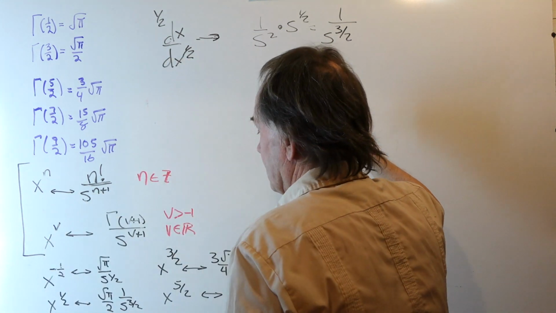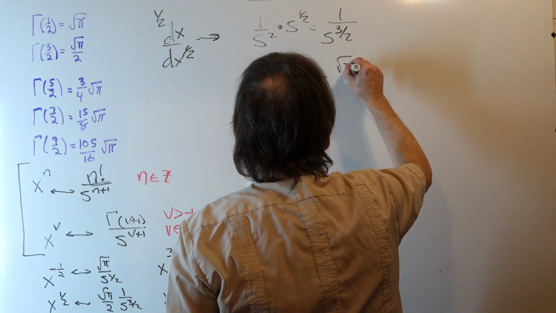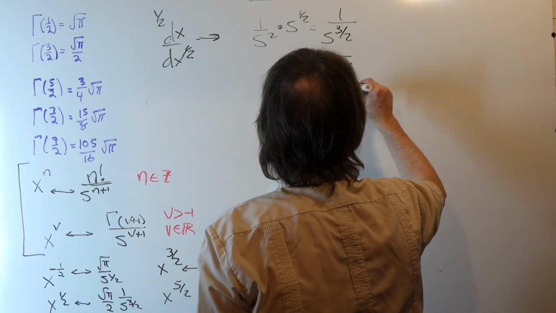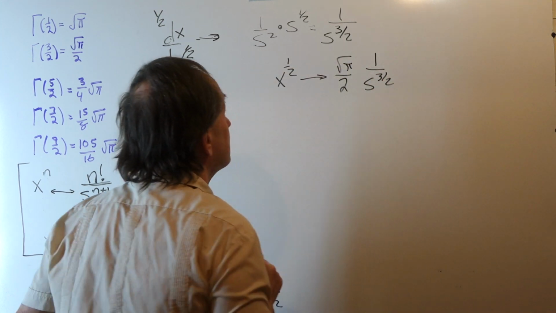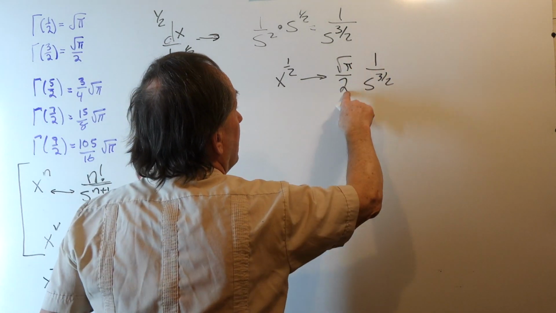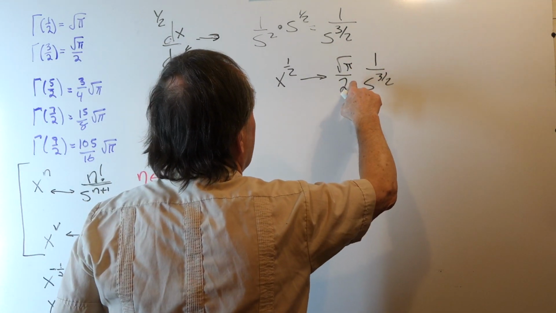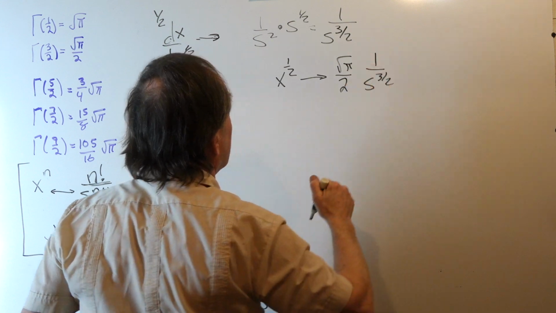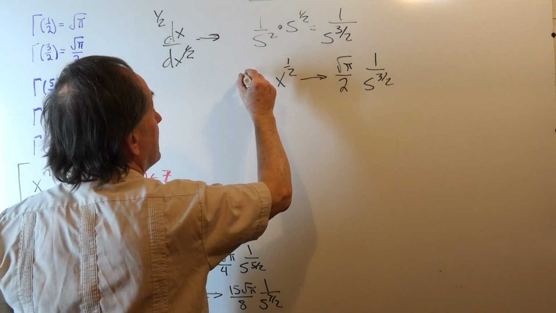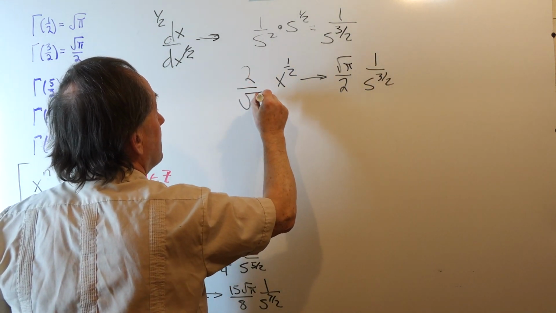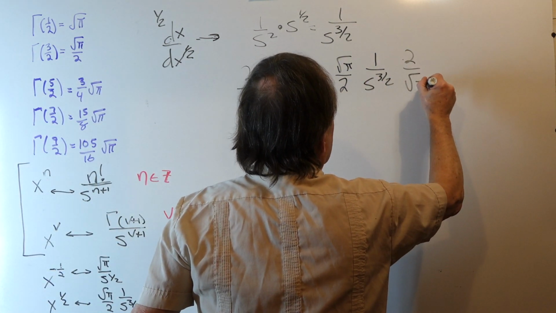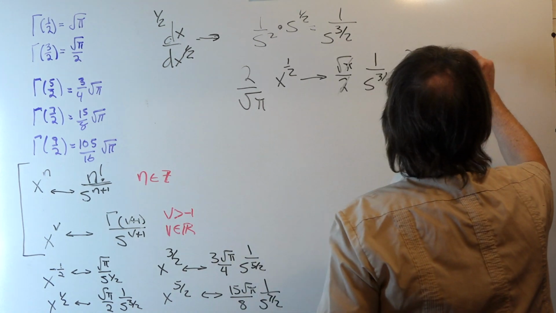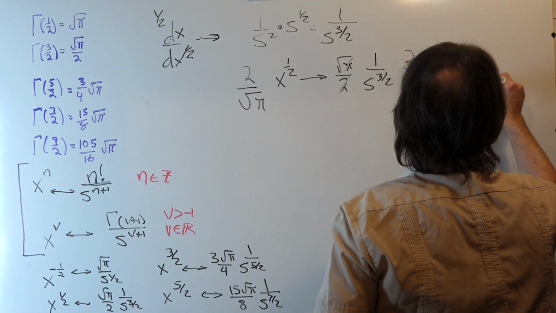That goes in the Laplace transform as pi over 2 times 1 over s to the 3 halves. But we don't have pi over 2 times s to the 3 halves. We just have 1 over s to the 3 halves. So we multiply both sides by 2 over the square root of pi to get 1 over s to the 3 halves.